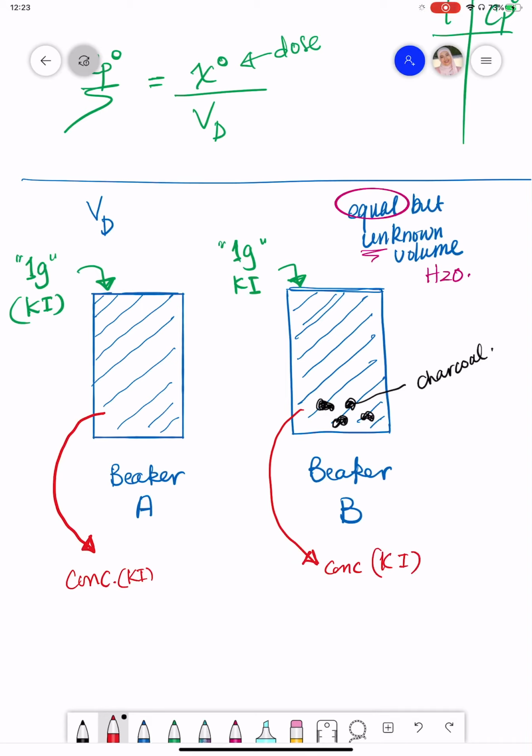And by the way, the concentrations in both of them, in A and B.